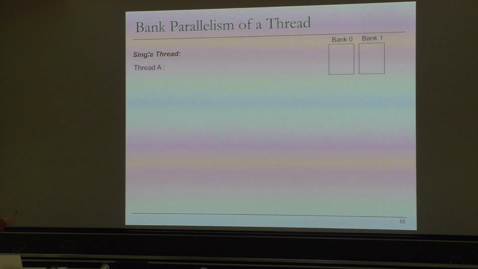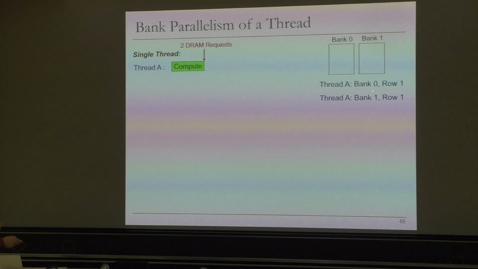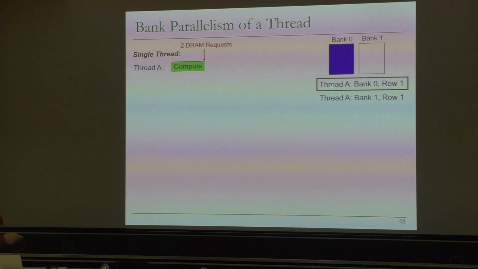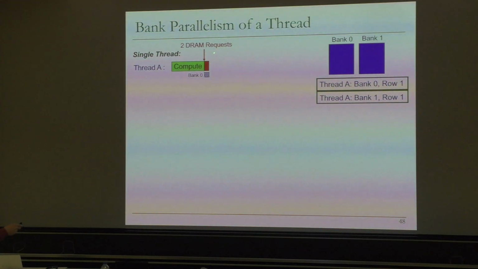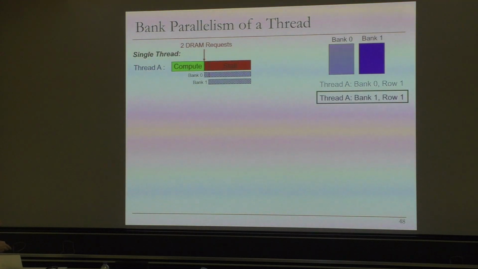Let's assume that you're running a single thread and you have two banks only. The thread computes and generates two DRAM requests to different banks, bank 0 and bank 1. Ignore the rows, it doesn't matter in this example. It sends the requests consecutively to the memory controller, and in the meantime, the thread starts stalling, clearly, and it stalls until the requests come back.